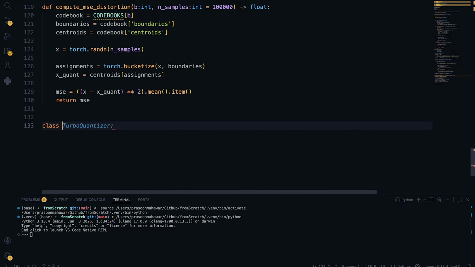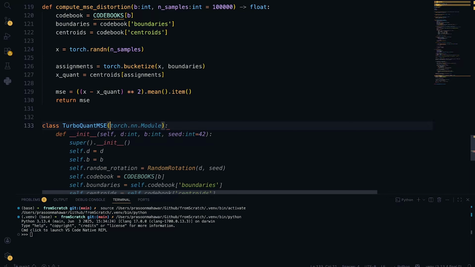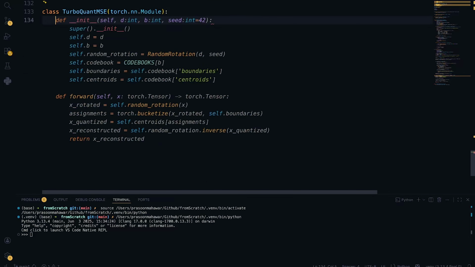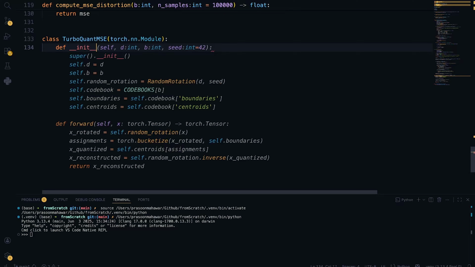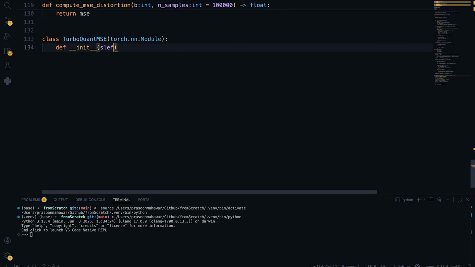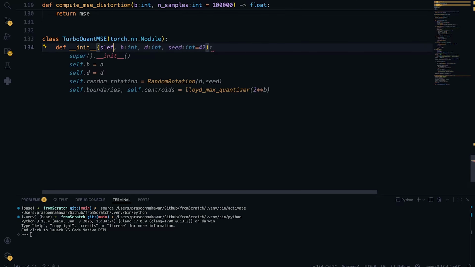We will define a class called TurboQuantMSE. This will inherit torch.nn.Module, and first we will write the init method: self, d that is int, b and seed 42.